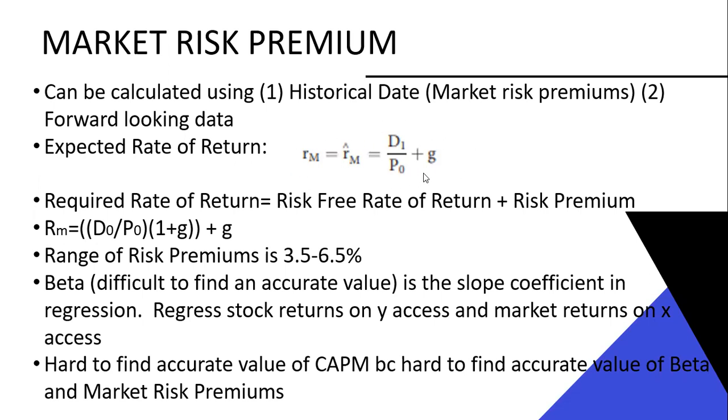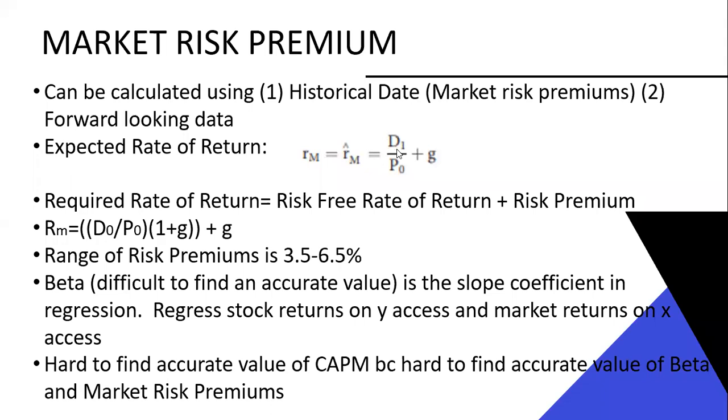And over here, you can see this is what the expected dividend yield is, plus the growth rate. So this gives you a good understanding of what the expected rate of return is going to be.